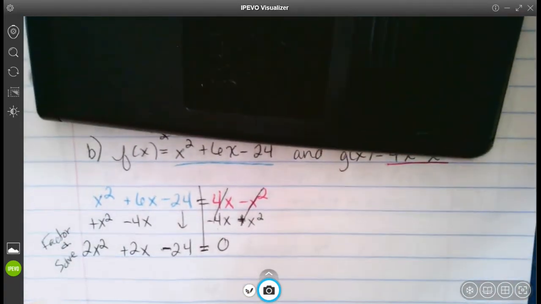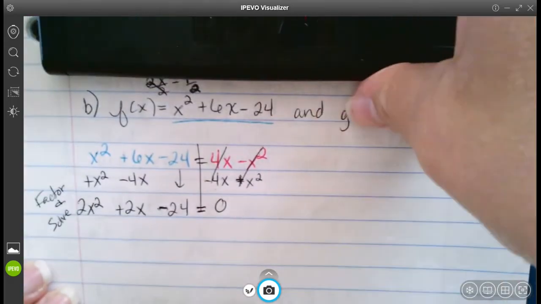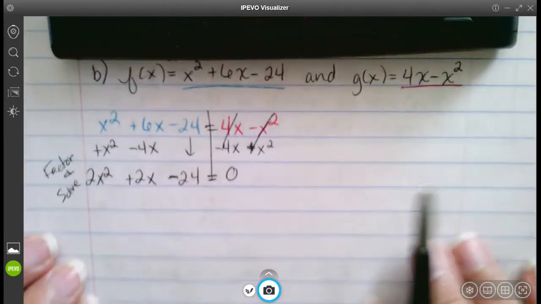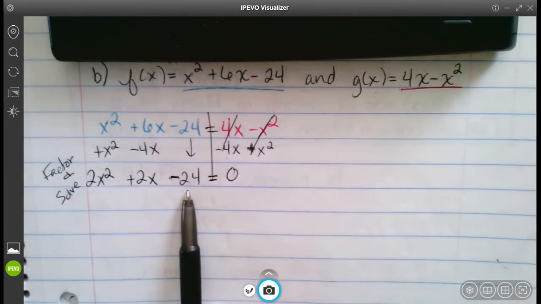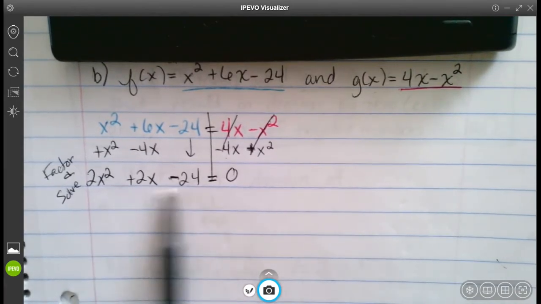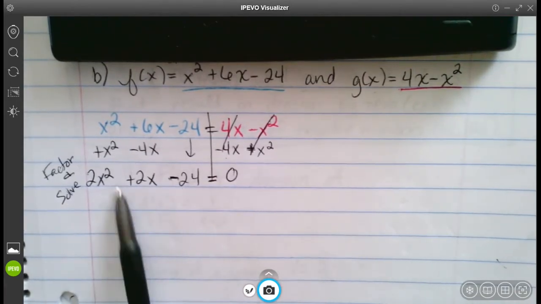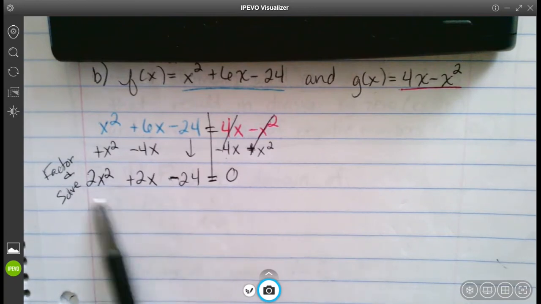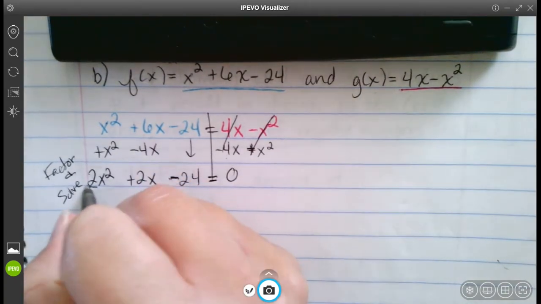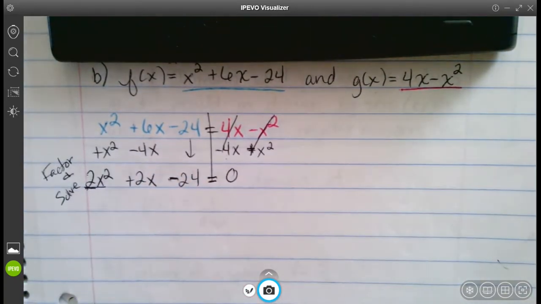We have to go through the whole process. But this one, we have 2, 2, and 24. All of these are divisible by 2, so we can actually divide out that 2.